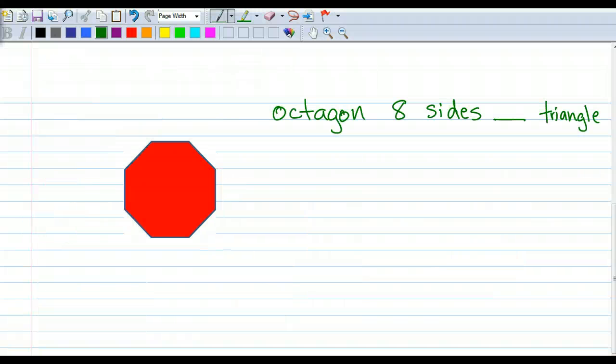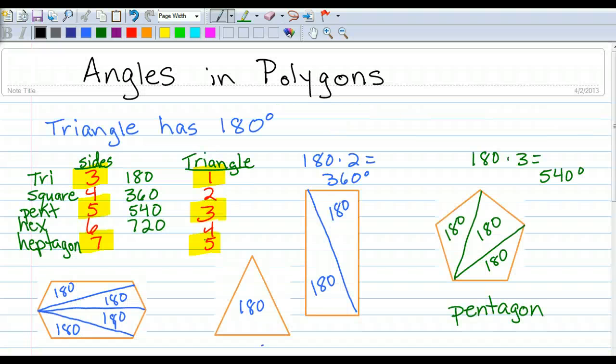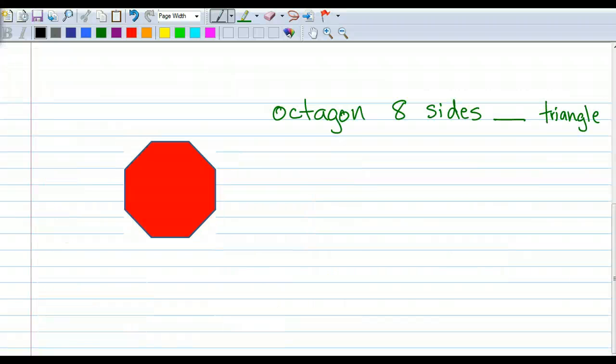All right, let's test that theory. Here's our octagon. Hey, what does it look like? Stop sign. Okay, so according to the pattern that we saw, we take the number of sides, subtract 2, and that should give us the number of triangles. And each triangle is 180 degrees, so we just multiply that number by 180 and we'll find out how many degrees are in an octagon. Okay, let's go back to that page. So here is our octagon.